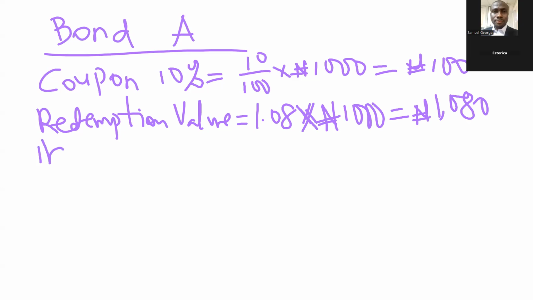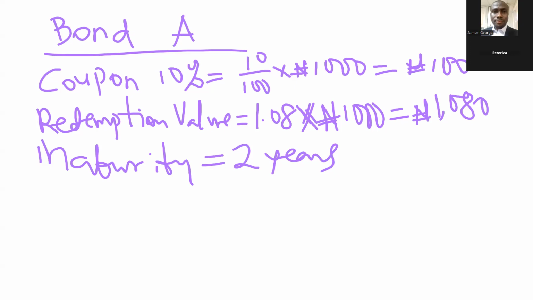What is maturity? Maturity is 2 years. What is the yield? Now, we are going to use the yield curve they gave us, which is the government bond yield curve, and the basis point ratings from the rating agency to calculate the yield.